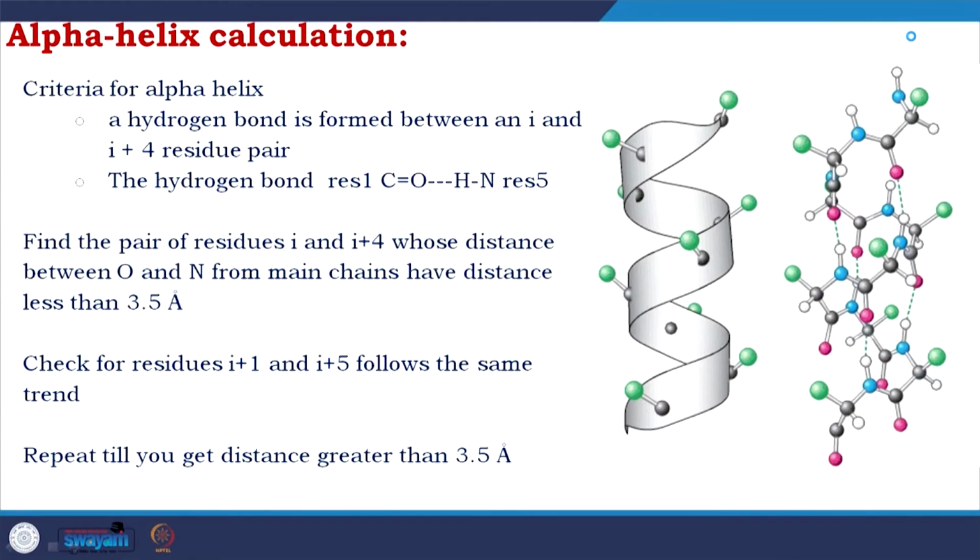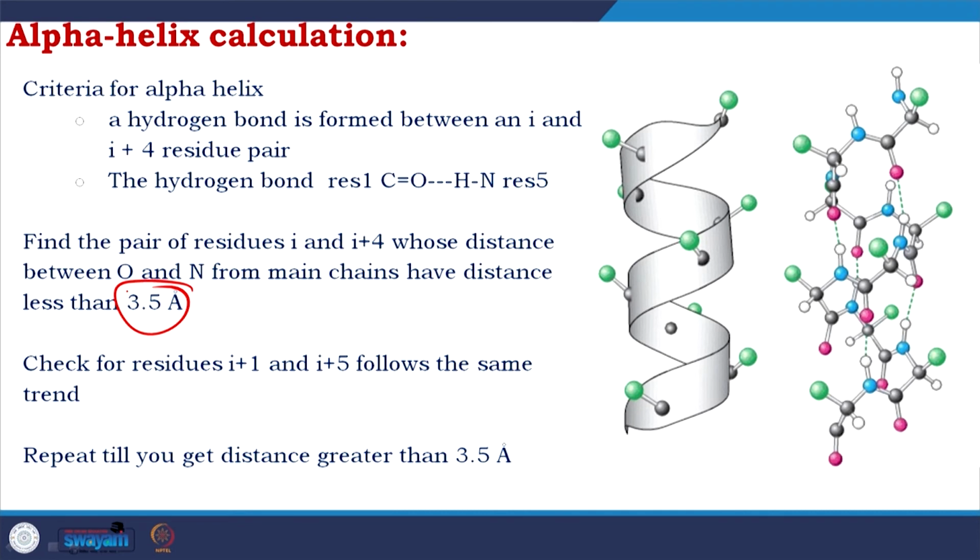The criterion for an alpha helix is that a hydrogen bond is formed between i and i plus 4, or N to N plus 4, between residue 1's carbonyl and residue 5's amide. You have to find the pair of residues i and i plus 4 whose distance between O and N from the main chain is less than 3.5 angstrom.